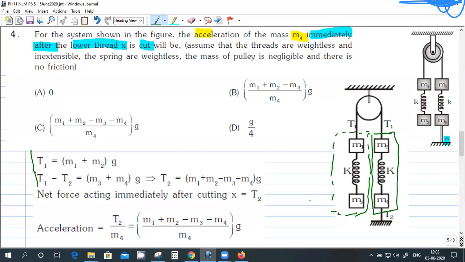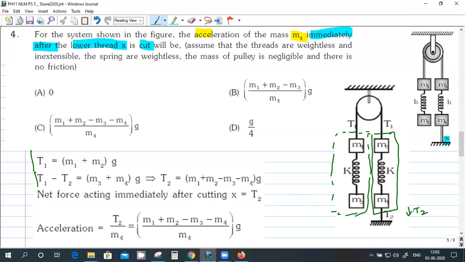So this is before it is cut. That's why the acceleration is 0, the forces are equal. And before it is cut, there was a force like this, T2 on this M4.